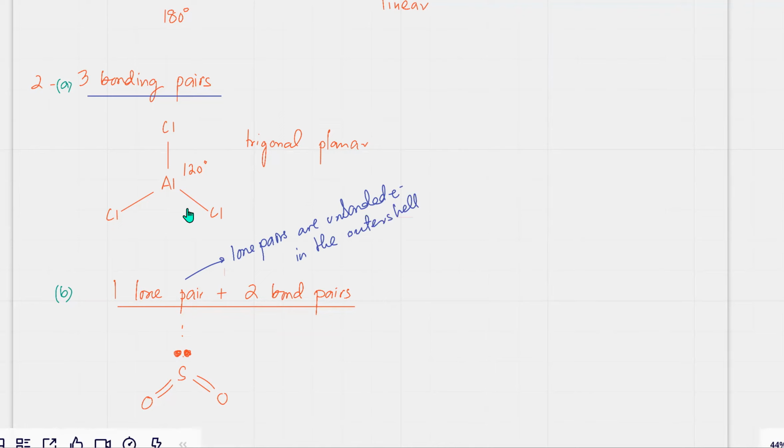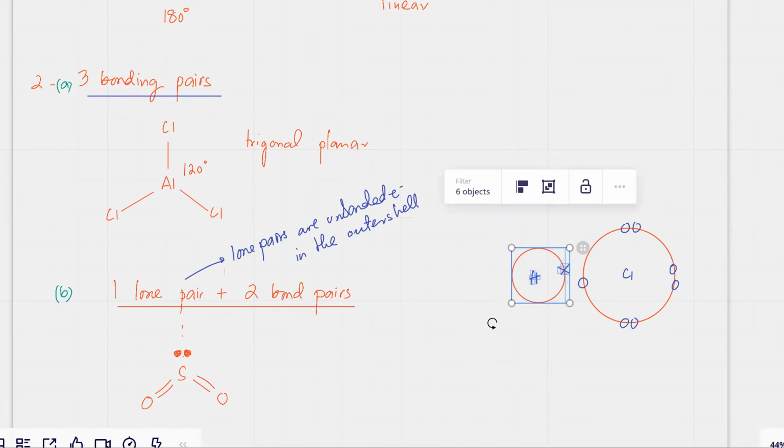For example, if I draw an HCl molecule, you've got an H and you have a Cl. The Cl has 7 electrons. So that's 1, 2, 3, 4, 5, 6, and 7. The H only has 1 electron. Now, what happens in the bonding is that Cl needs 1 electron, so the electron of H gets pulled towards this Cl.